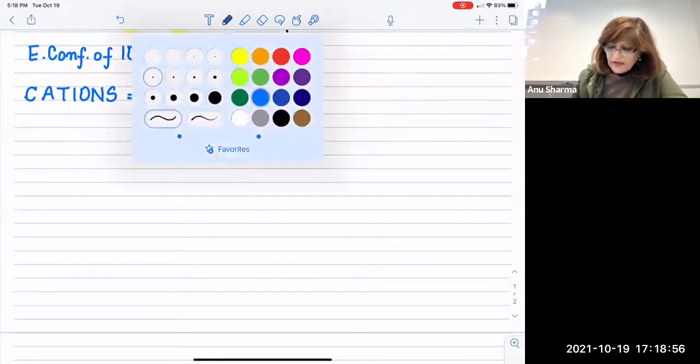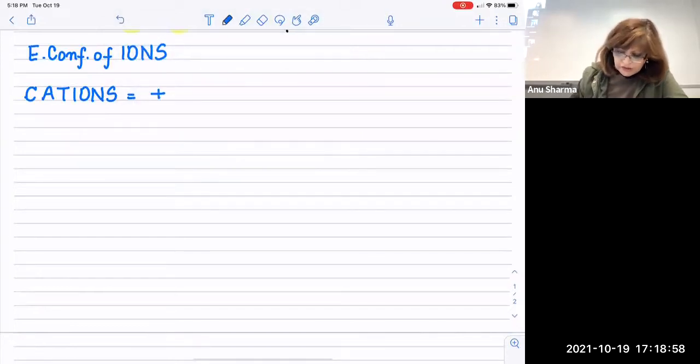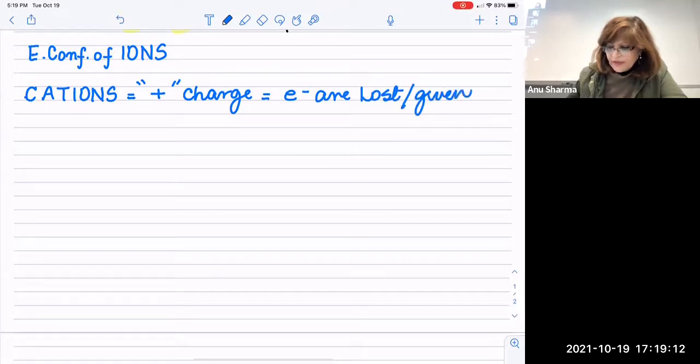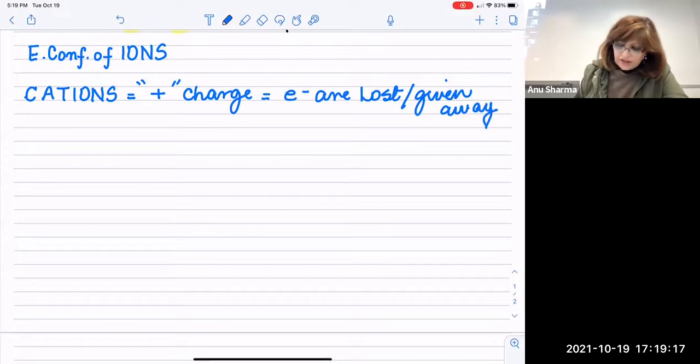So anyways, the cations are those species which are positively charged, and the charge is positive because the electrons are given away. Electrons are lost, or you can also say they are given away. Okay, then the next is the metals are going to form cations. So all the metals will lose electrons.